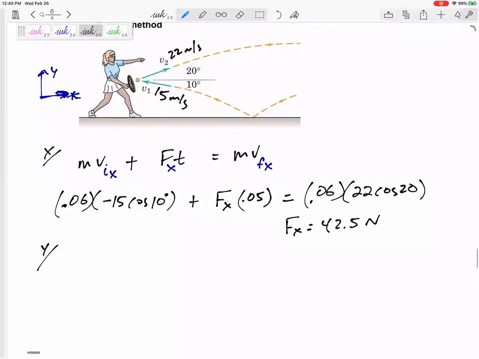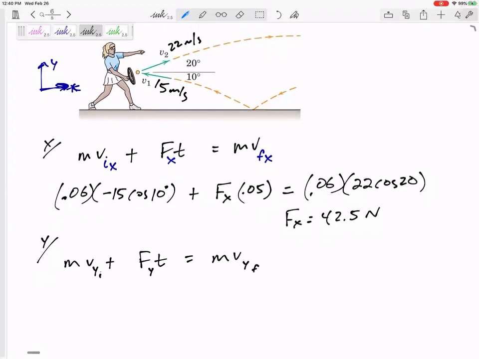All right. Now the Y direction, MV plus any FT equals MV, but this is all Y, Y, Y. This is initial, this is final on the right-hand side. 0.06, its initial Y velocity is 15 sine 10, and that one is positive, it is up.